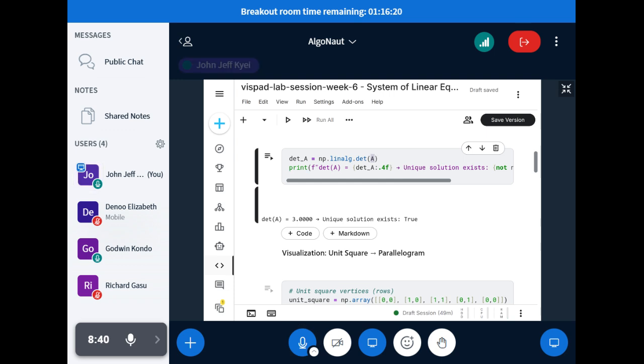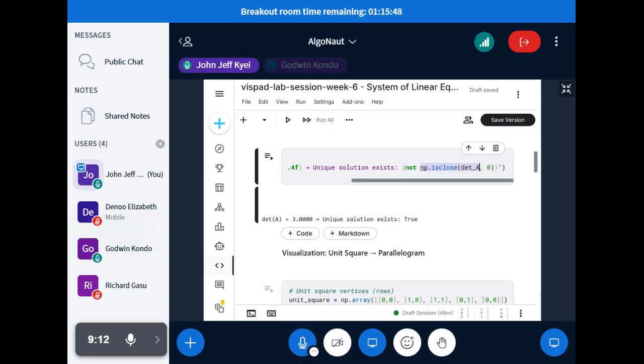So that's what I'm doing right here. You print the value of det A over here as an f-string, right? And then we also check if a unique solution exists using this np.isclose function. What it's doing is just checking if the value of the determinant is close to zero, and we get a boolean output.